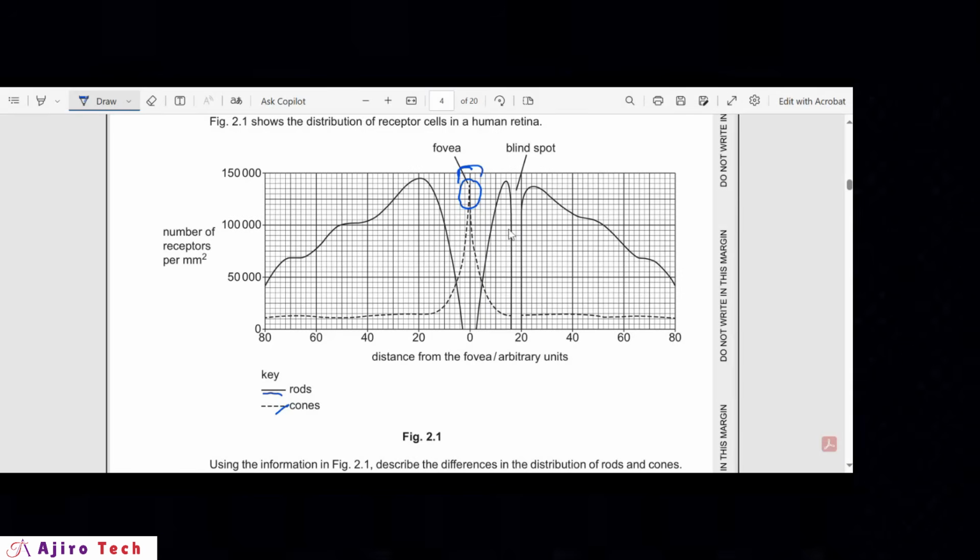So overall, when we look at it, first is the fact that there is a higher concentration of cones in the fovea. Overall, too, we can see that there is more representation for rods than for cones. There are more rods.